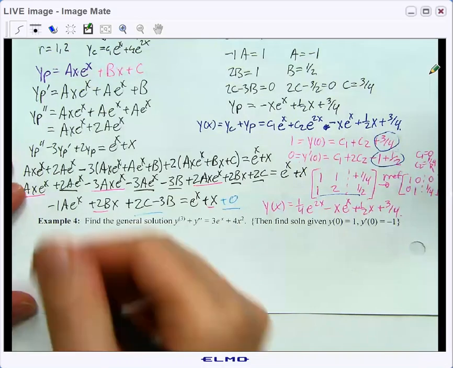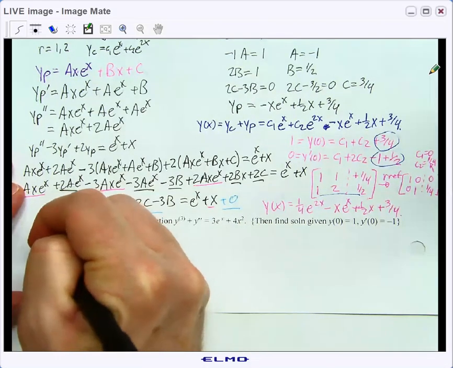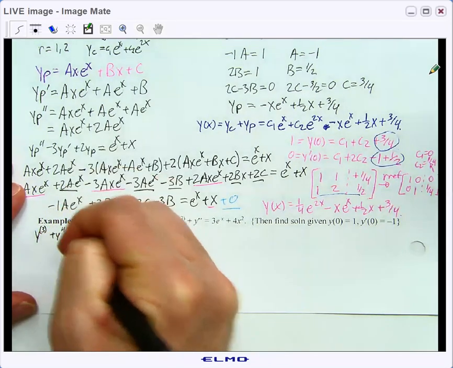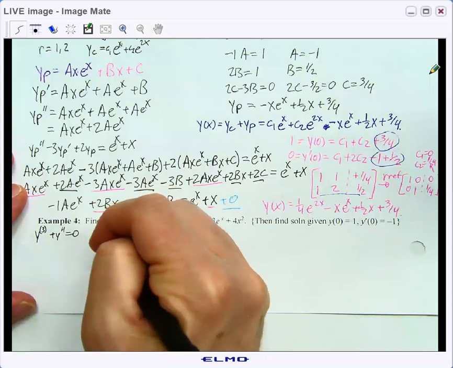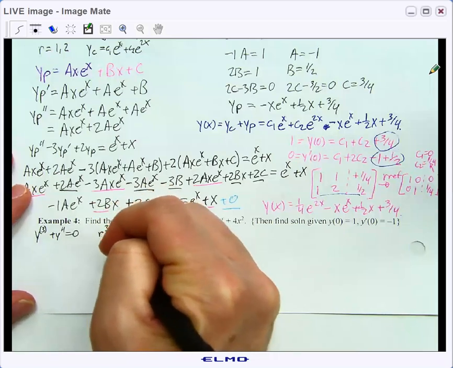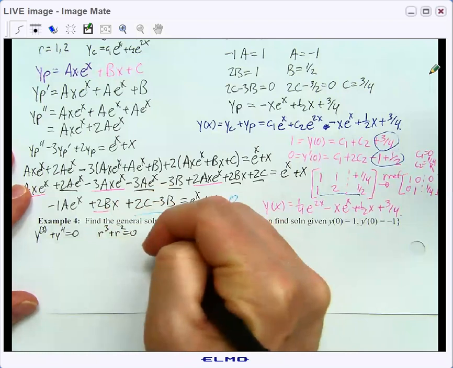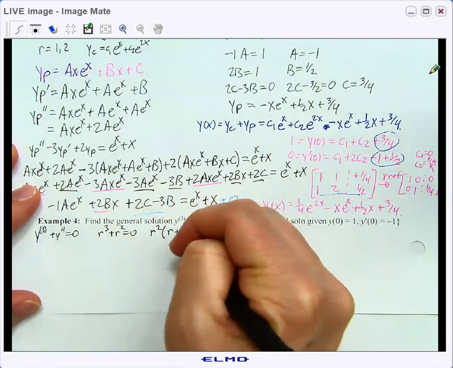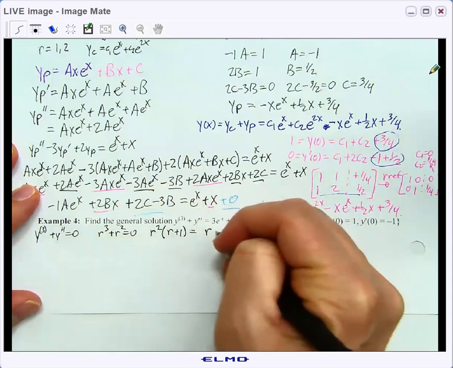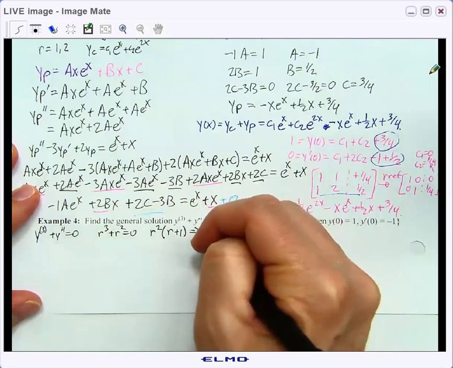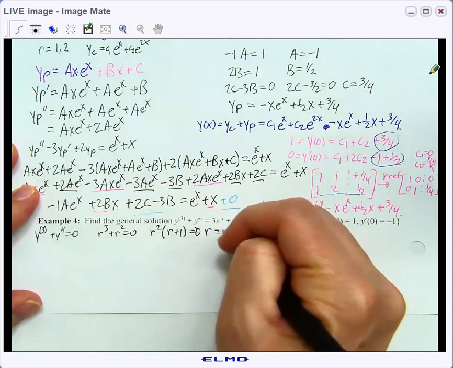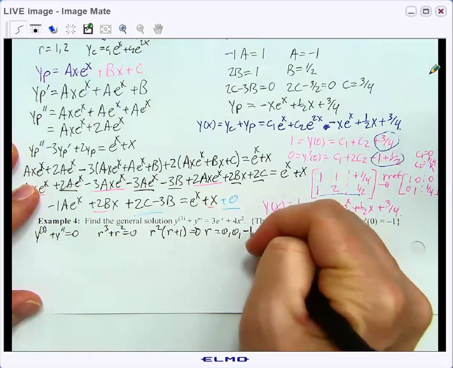So we will take a look at the homogeneous solution first. We're going to get a characteristic equation of r³ + r² = 0, which we can factor as r²(r + 1) = 0, which tells me that r = 0, 0, and -1.